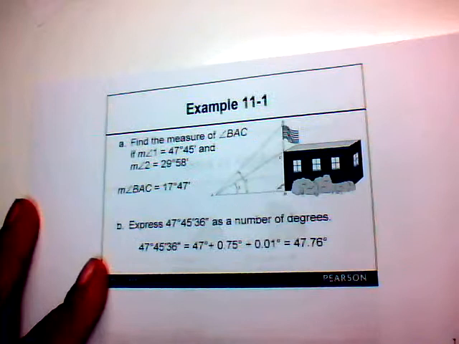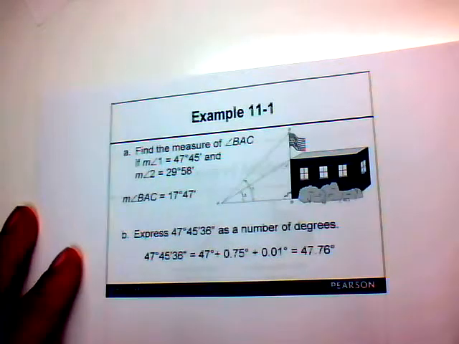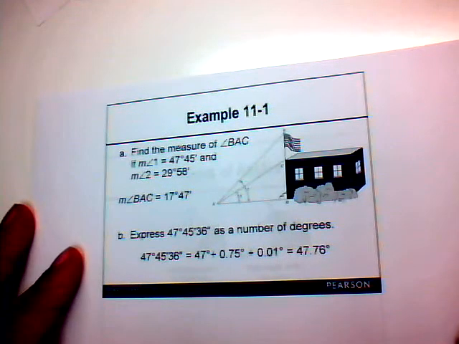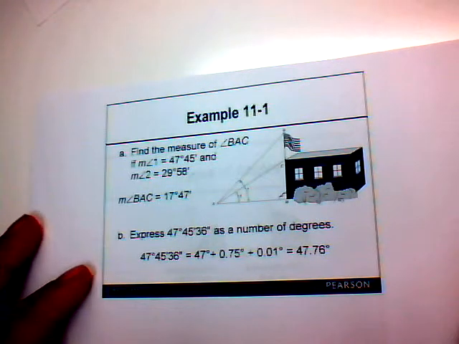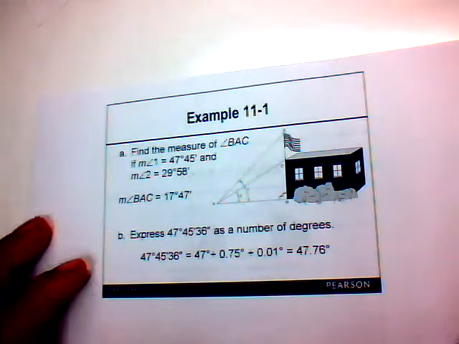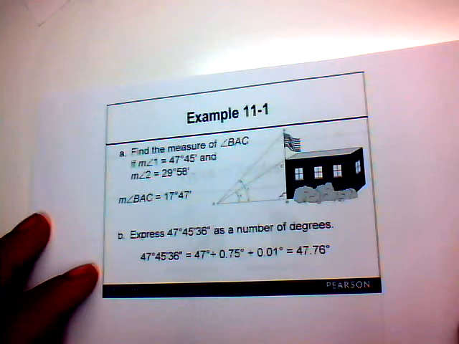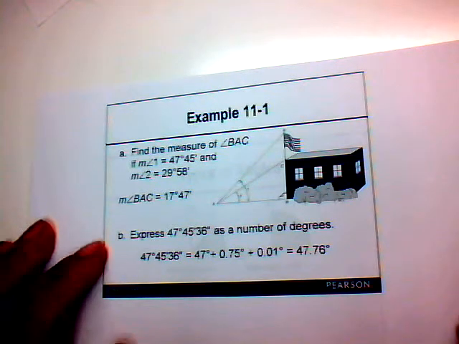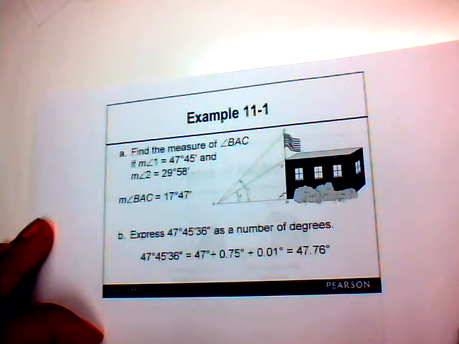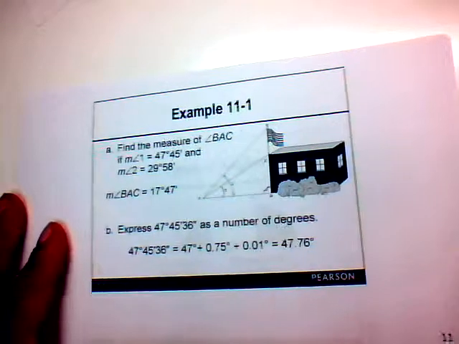Let's look at some examples dealing with angle measurements in degrees, minutes, and seconds. Find the measure of angle BAC, if the measure of angle 1 is 47 degrees 45 minutes, and the measure of angle 2 is 29 degrees 58 minutes.